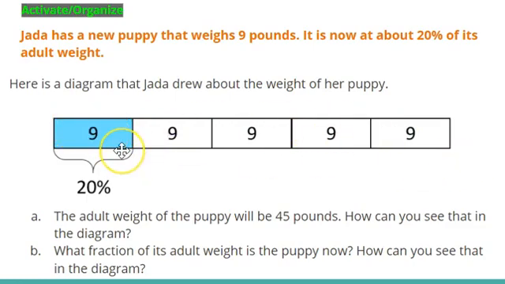So it's 1/5 of its adult weight, being 9 pounds right now. That's the same thing as saying 20% of its full-grown adult weight. Those both come out equivalent.